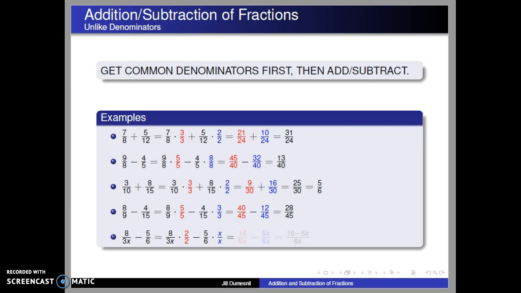Incidentally, we know that x is non-zero because 3x is a denominator of our original problem, and denominators are required to be non-zero. Now multiplication produces 16 over 6x minus 5x over 6x. Subtracting with the common denominator gives the quantity 16 minus 5x all over 6x, and this expression is simplified.